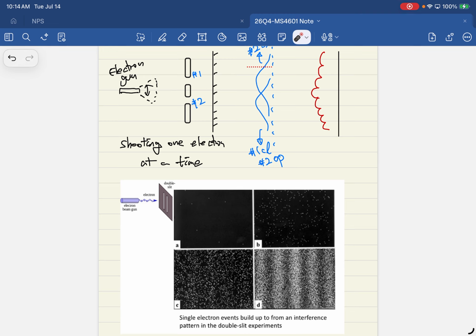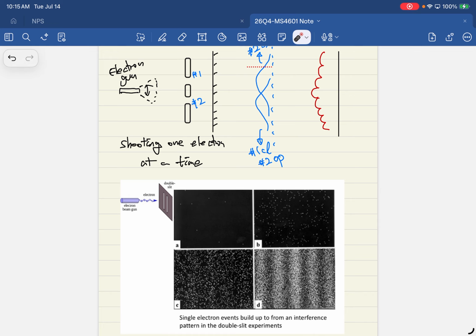Even though we are shooting one electron at a time, do we know whether this electron goes through either number 1 or number 2? That's questionable, right? So in this case, we cannot really know whether the electron is going through number 1 or number 2. Okay? So this is the quantum world.